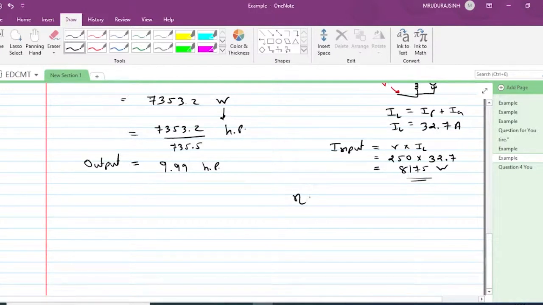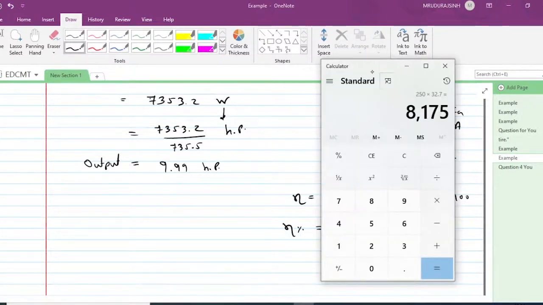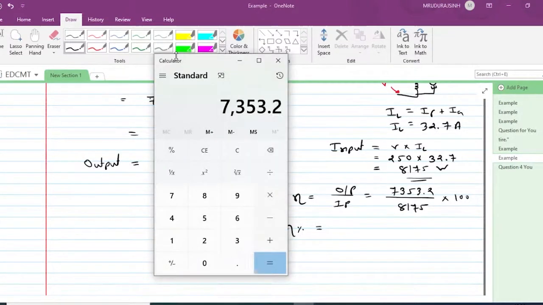The efficiency is output by input. Let's place the input, 8175, and the output, 7353.2. I want to calculate this in percentage, so I'll multiply it by 100 and directly write the percentage efficiency. 7353.2 divided by 8175 gives us 0.8994, and if we convert it into percentage it gives us 89.94%.